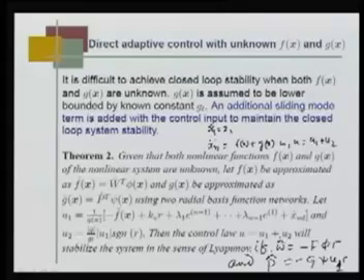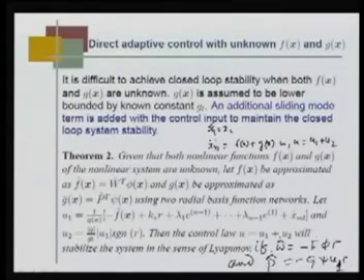If we have this control law, the summation of these two, and the adaptive control law has parameters w hat and p hat, and the adaptive law is w hat dot is minus f phi r, p hat dot is minus g psi u 1 r.